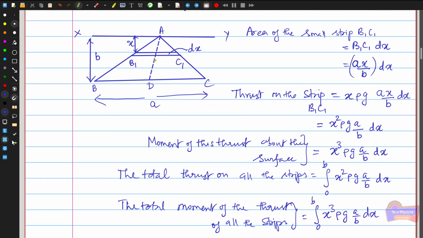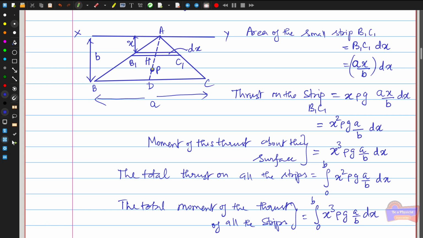Again, I am going to consider a small point P, which is assumed to be the center of pressure of the triangle, situated at the midpoint, because the center of gravity always acts at the midpoint of the triangle. Suppose the point P is the center of pressure acting on the triangle, and its distance from the water surface is taken as h.